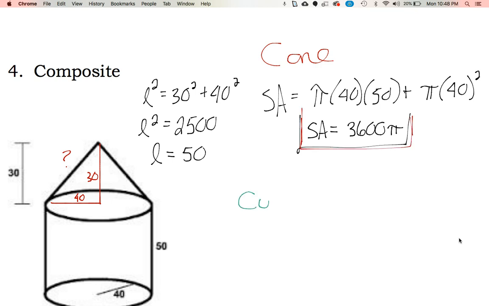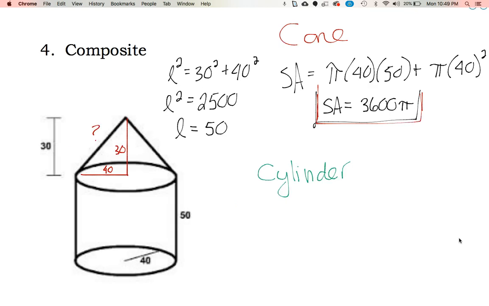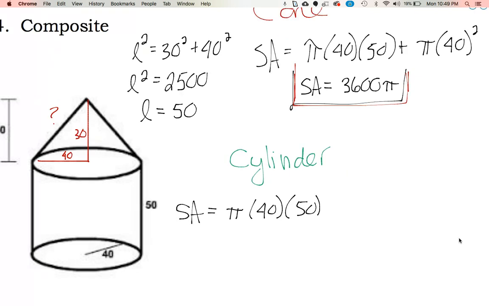Now let's do the cylinder. The cylinder is surface area equals pi r h, so the height, no slant height when we go back to the cylinder, times 2.